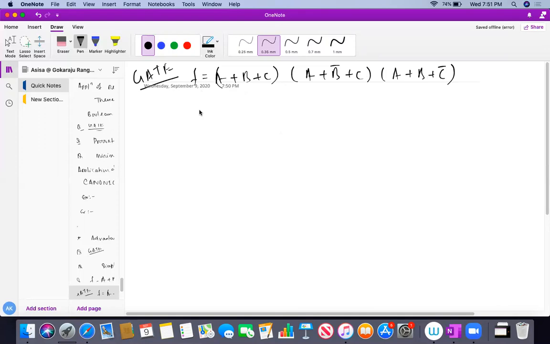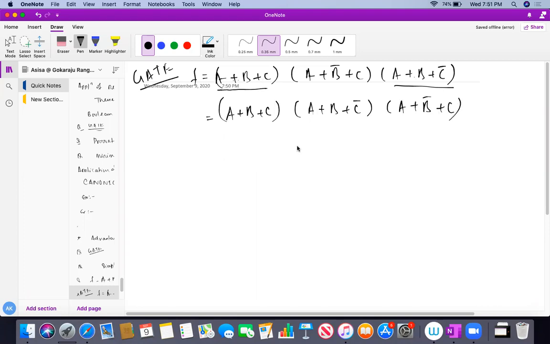So see here what I am going to do. If you take these terms, you can see A or B is there, here also A or B is there. So I can rearrange it like this: A or B or C, A or B or C bar, and A or B bar or C.